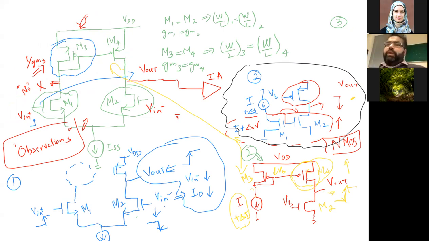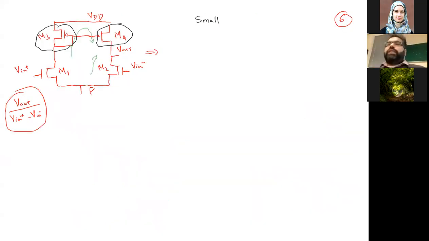But currently we have NMOS as the input pair, and M3 and M4 as the load. We cannot have M1 and M2 as NMOS and M3 and M4 also NMOS. No, that's not possible. Why? Because we want to feed the current, and when the current is fed, it comes from VDD. Otherwise, if we want to do the opposite, then we have to sink it.